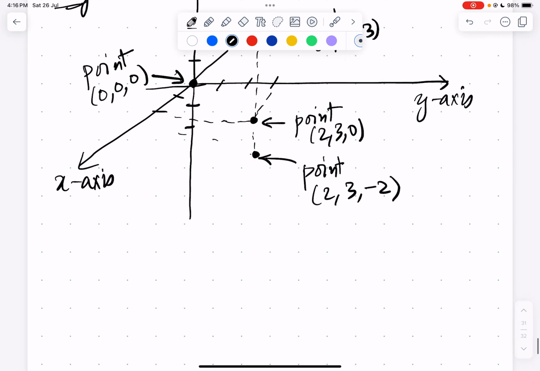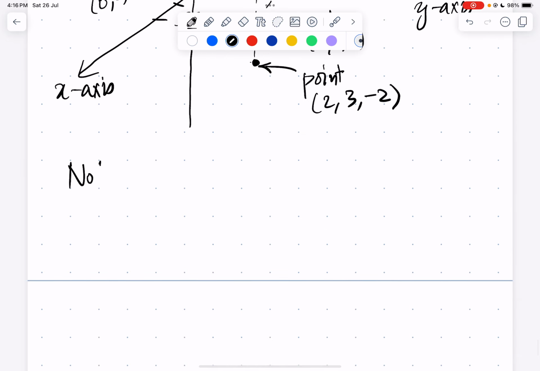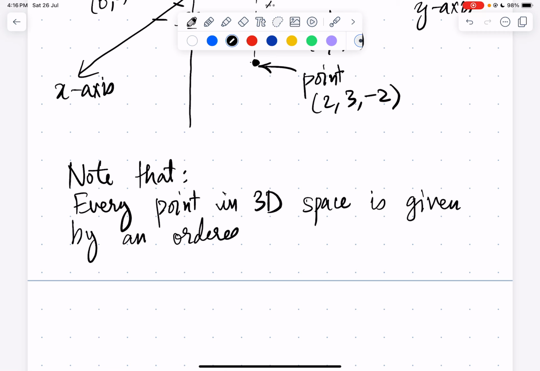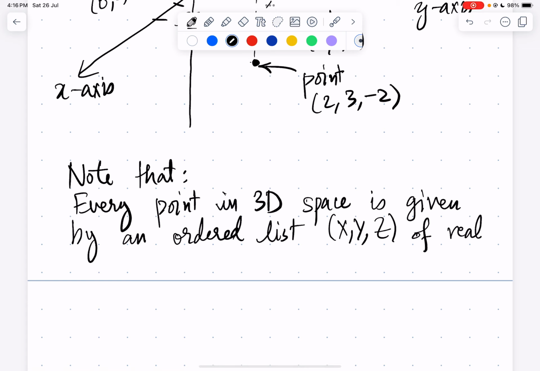And likewise, note that like with the plane, every point in 3D space is given by an ordered list capital X, capital Y, capital Z of reals, and vice versa.